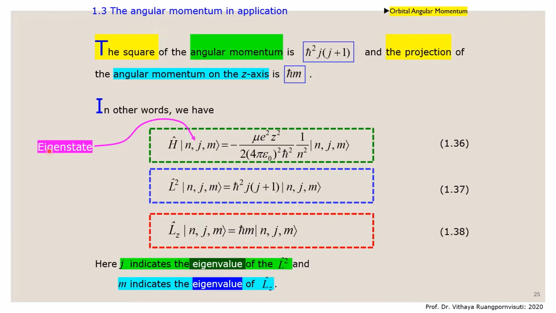We can note that j indicates the eigenvalue of L square and m indicates the eigenvalue of Lz.